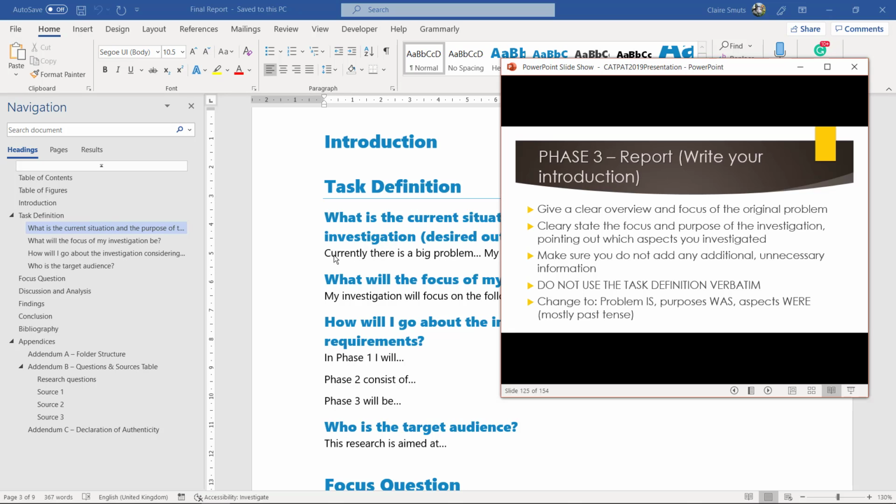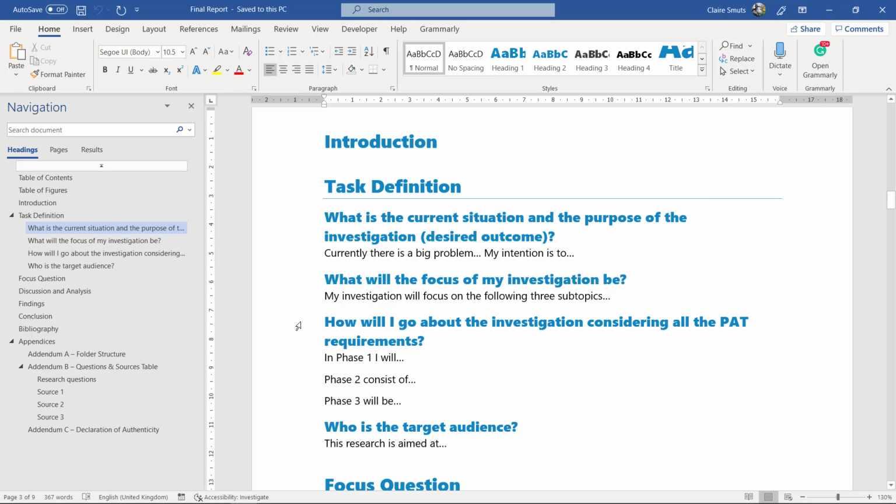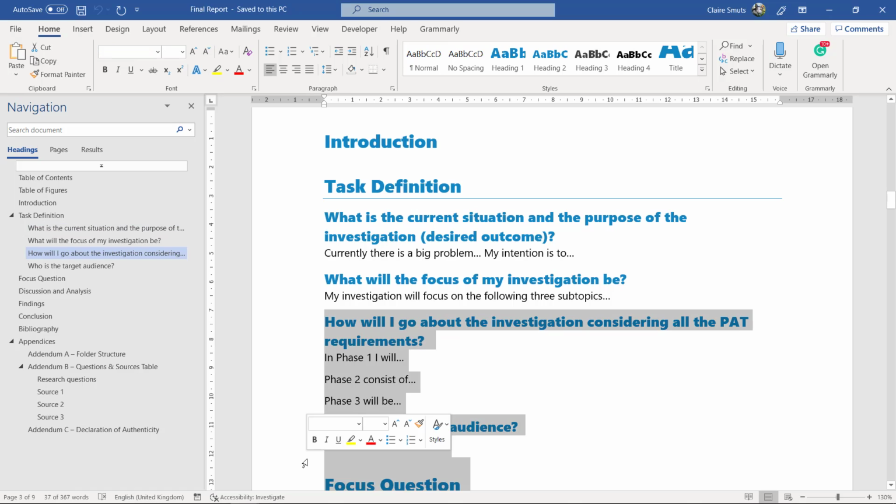So we're going to leave the problem in the present tense, and we're going to change the purpose of your investigation as well as which aspects you investigated to past tense. And then how you are going about the requirements and who the target audience is, we're going to remove. So those you will remove.